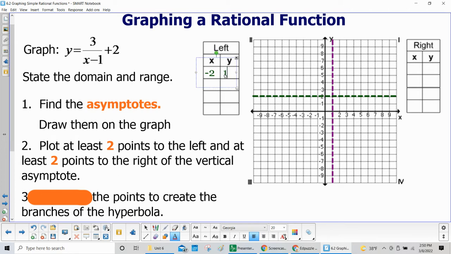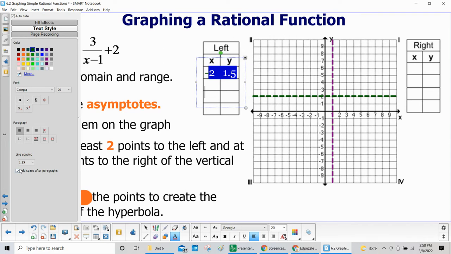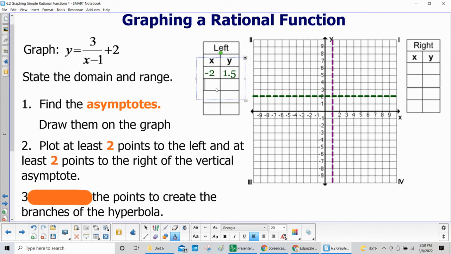Oops. Yeah, 1.5. That's not going to do it. I was hoping I could just hit enter and it would work. There we go. So then I have negative, let's see here, what else did I say? Oh, that was it, -5. There we go, 1.5.